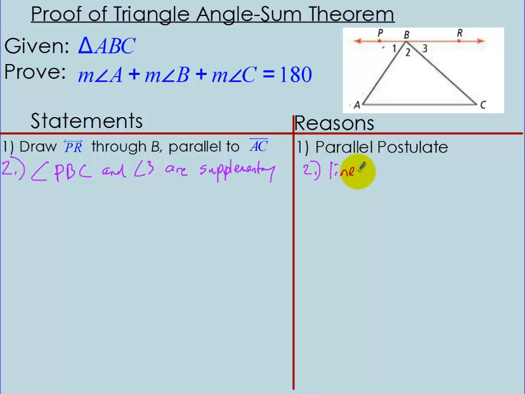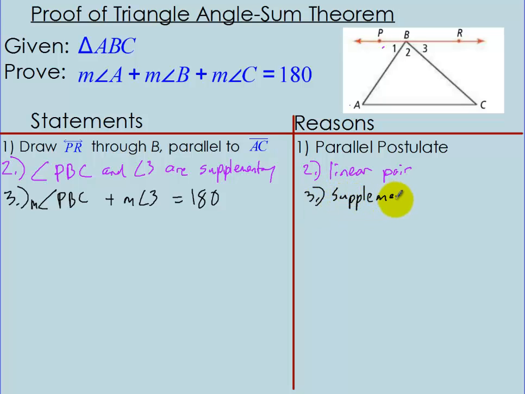So I'm going to say linear pair, because we've done that before, that's chapter 1 stuff. The next thing I can say is that the measure of angle PBC plus the measure of angle 3 equals 180. And that's just the definition of supplementary angles. So I'm going to say supplementary angles.